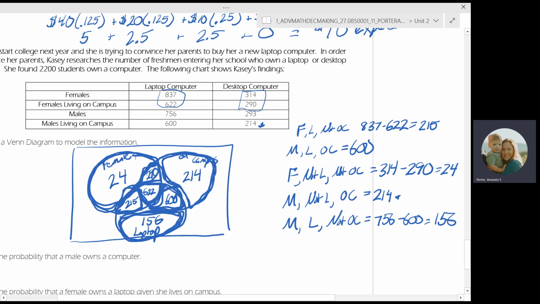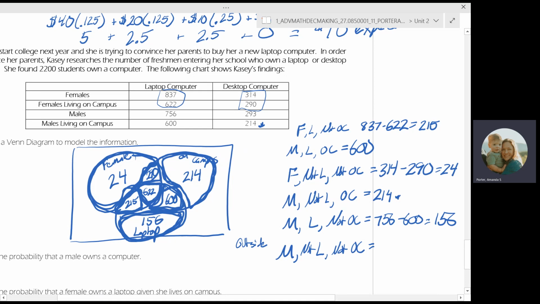The last section is this outside number. And the outside number would be males, because it's not females. It would be not a laptop, and it would be not on campus.